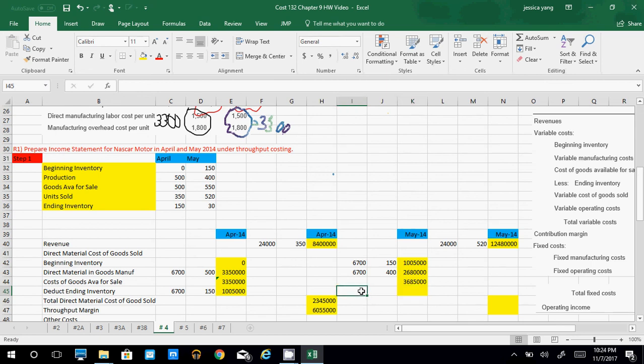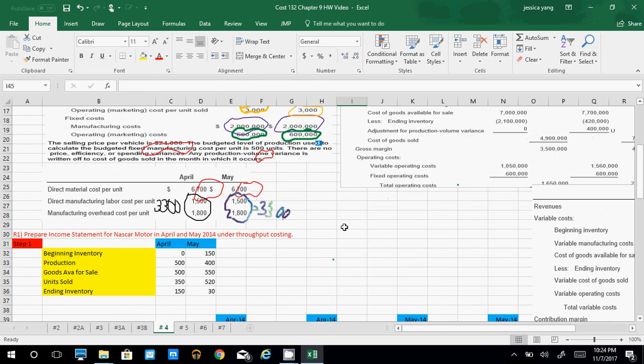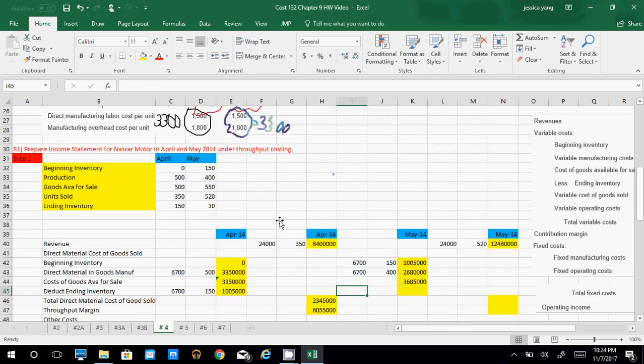For deduct any inventory, we would still take the $6,700 of direct material cost per unit in May and multiply that by our 30 units in ending inventory, which gives us 201,000.